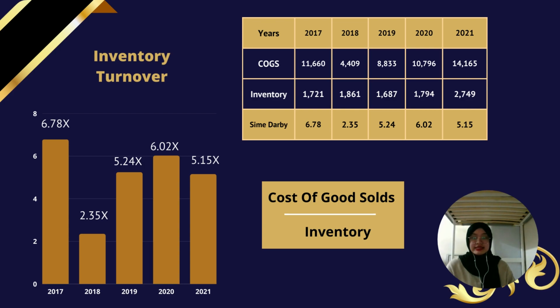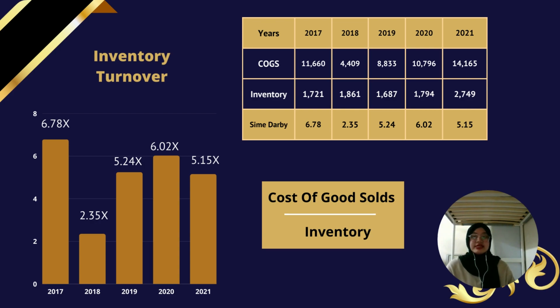So this has led to inventory levels for the company declining to RM 1687 million in 2019 compared to RM 1861 million in 2018. Between 2017 to 2021, the company averaged an ITO of 5.11. The only year the company fell below the ITO average was in 2018.